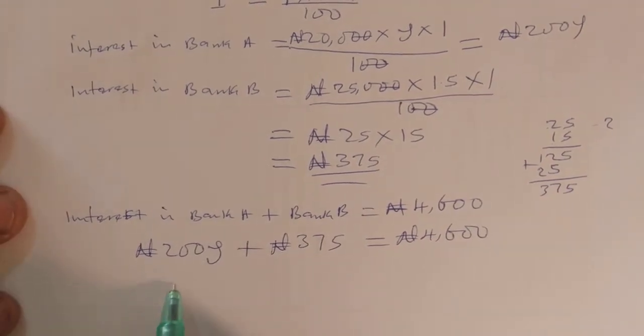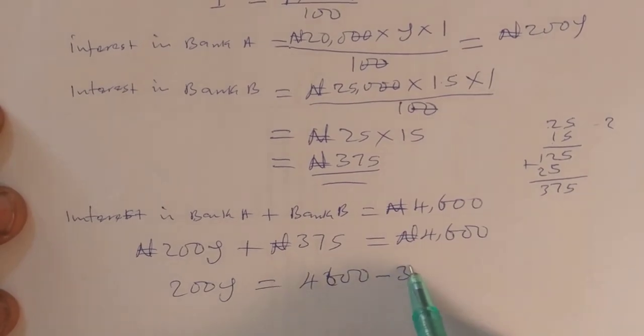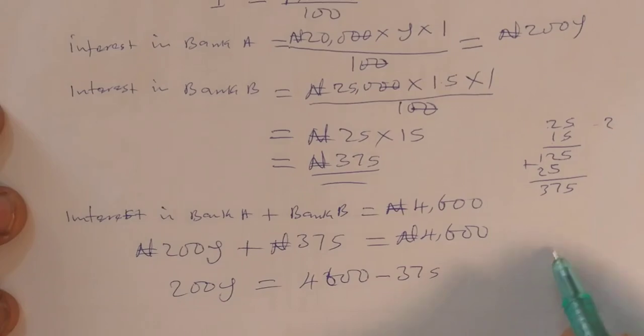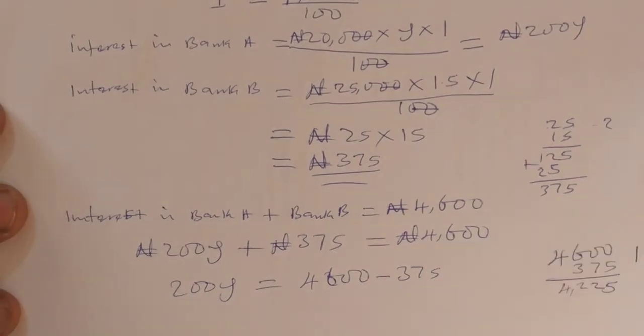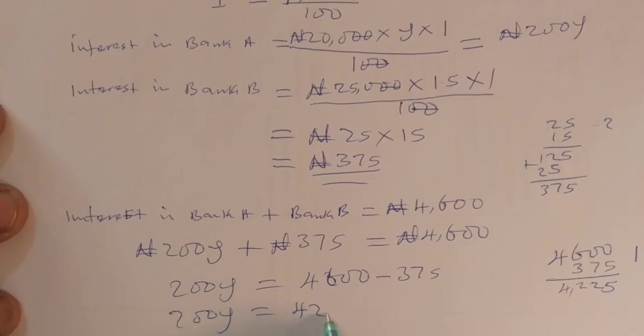We'll have 200Y is equal to 4,600 minus 375. So let's subtract this one here. When we subtract this, we have 200Y is equal to 4,225.